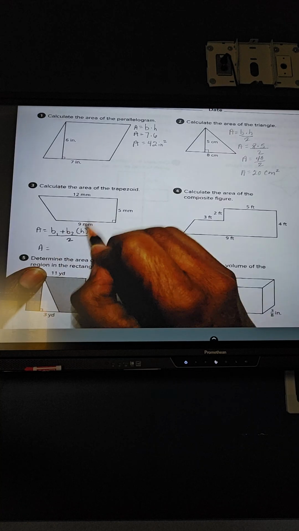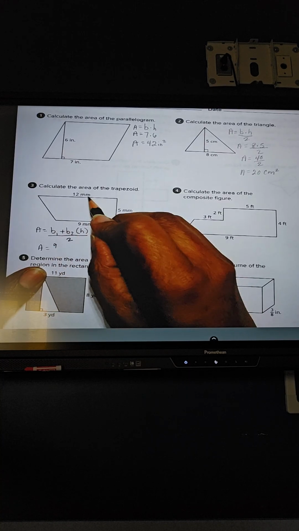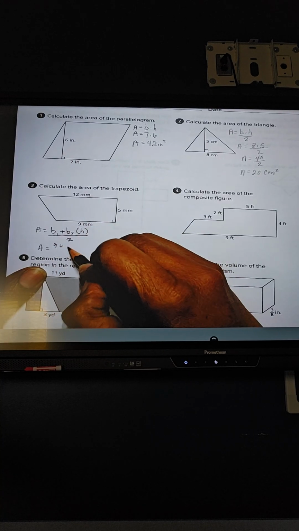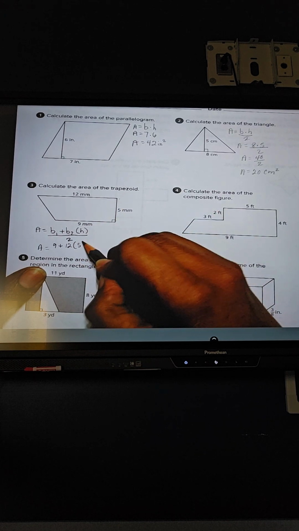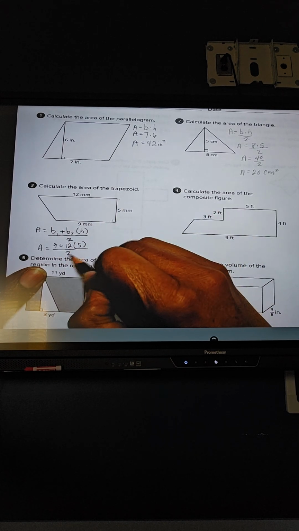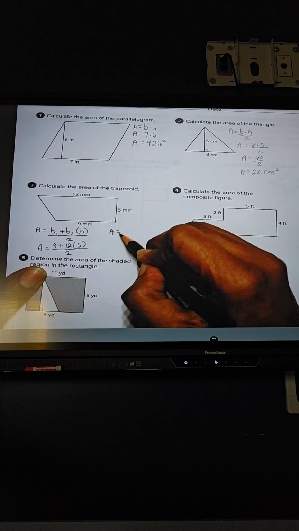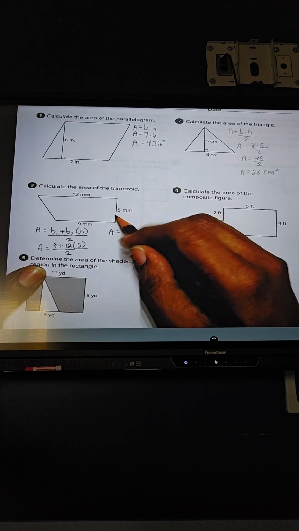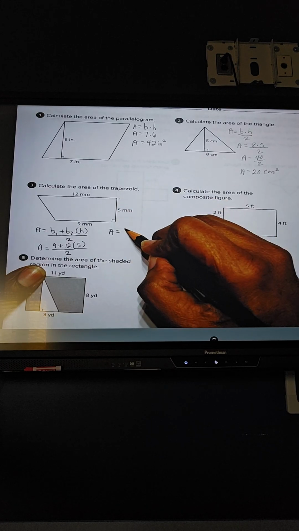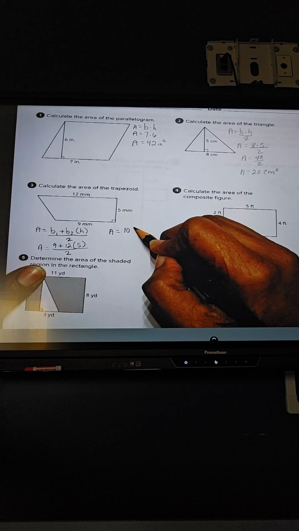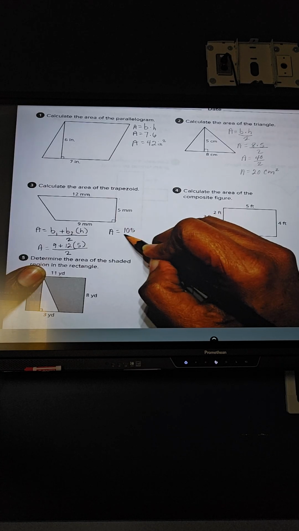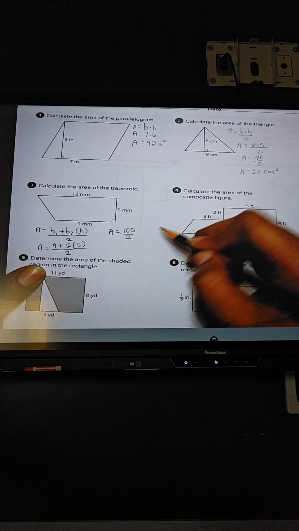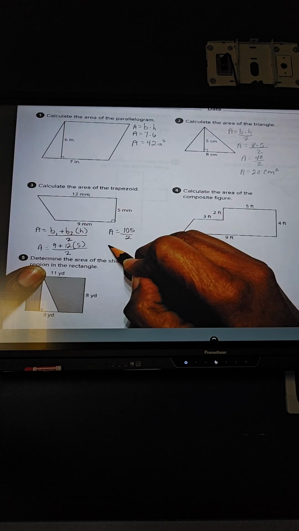So base 1 is 9, base 2 is at the top for a trapezoid, which is 12, multiplied times the height, which is 5, divided by 2. Area equals 9 plus 12 times 5, which is 105 divided by 2.